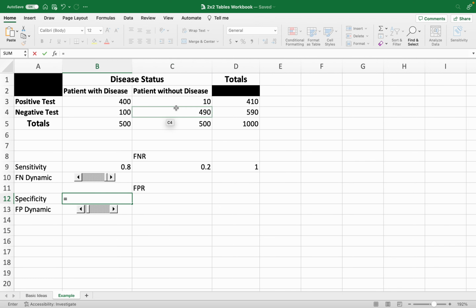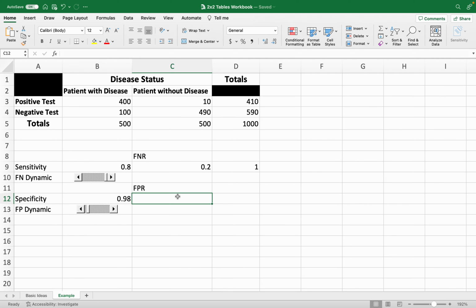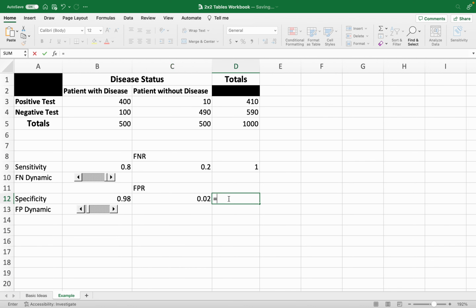And so if we look at the same example on this side, we're just going to real quickly key this in. And the false positive rate is the false positives divided by, right here. And we see that they sum again to 1. And so the specificity of this test currently is really high.